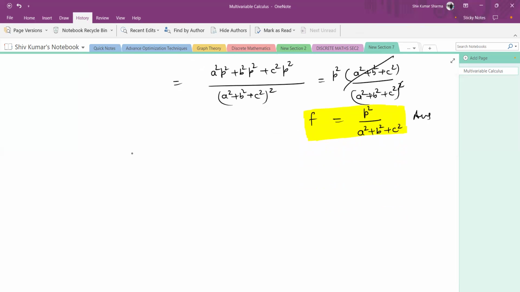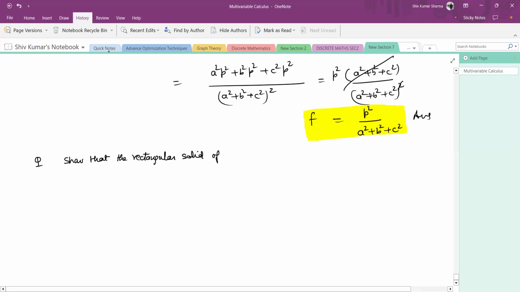The next problem is: show that the rectangular solid of maximum volume that can be inscribed in a sphere is a cube.